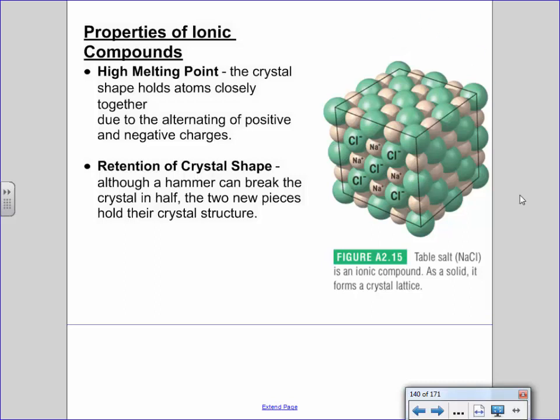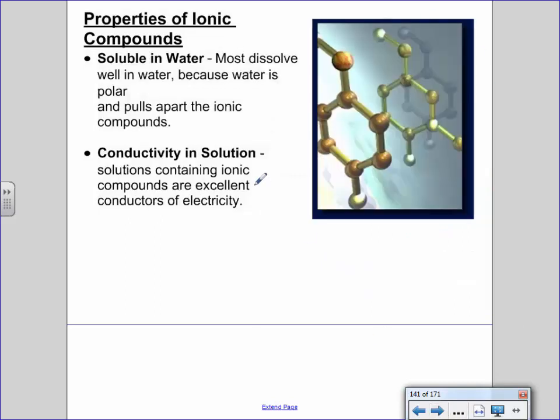Okay, and then the other properties I've got listed here that you should know is that these things are usually soluble in water. What it means is that these guys dissolve. If we're talking about a compound that dissolves, it's usually ionic. And I can explain why. Ionic compounds are made out of positive and negative things. And in water, we can actually separate them, which is why they conduct.